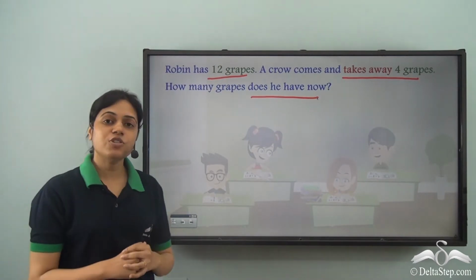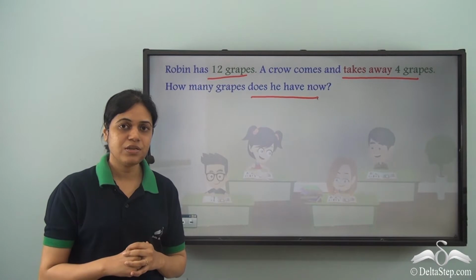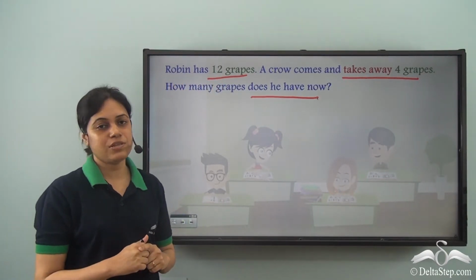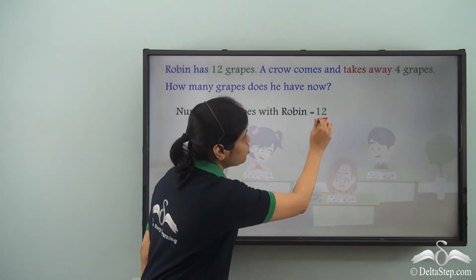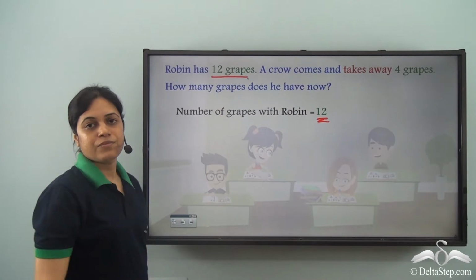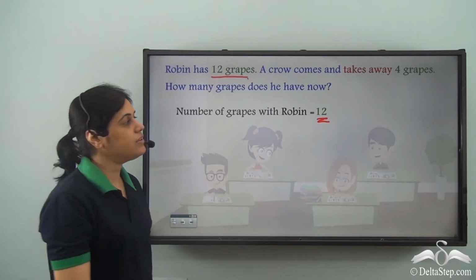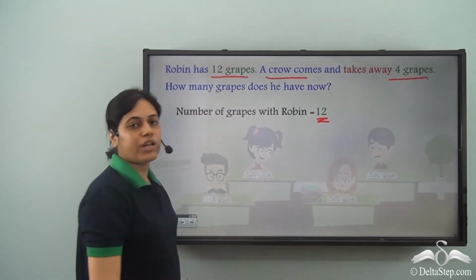So first, what do we write? We write what is given to us. It is given that Robin has 12 grapes. So the number of grapes with Robin is equal to 12. Next, what is given? The crow takes away 4 grapes.